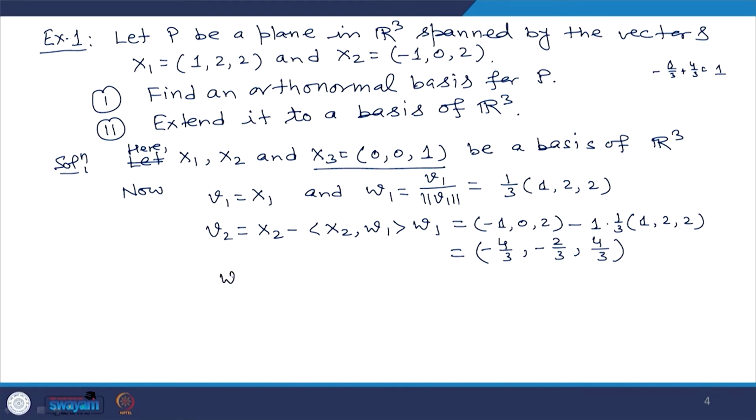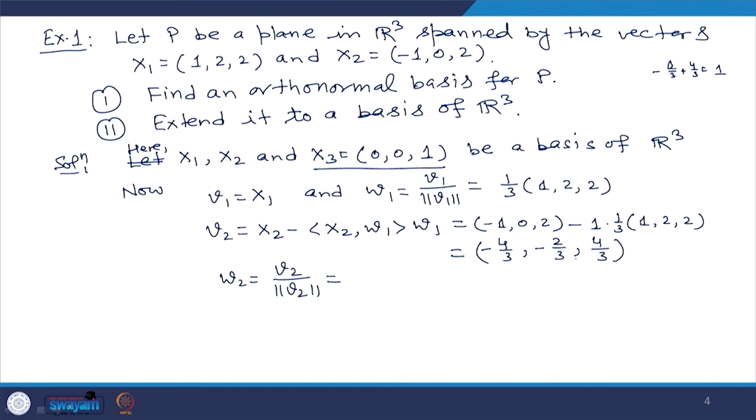Now, calculate W2. W2 will become V2 upon norm of V2. So, the norm squared will be 16 by 9 plus 4 by 9 plus 16 by 9, so 36 by 9, which is 4, and the square root will become 2.